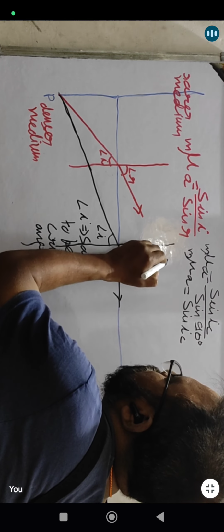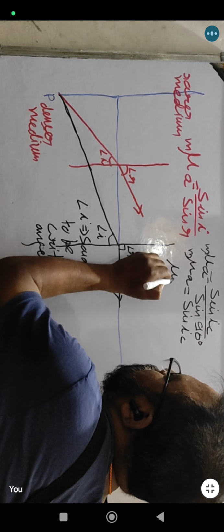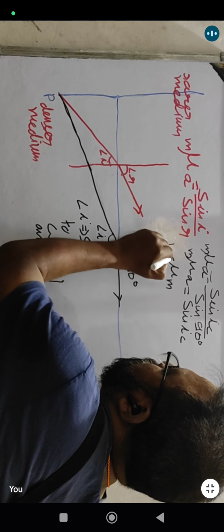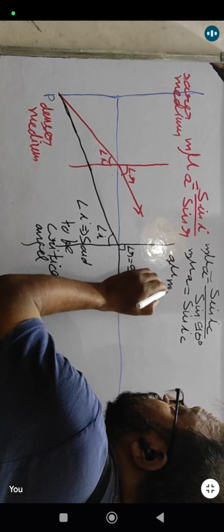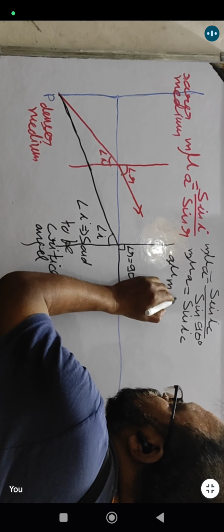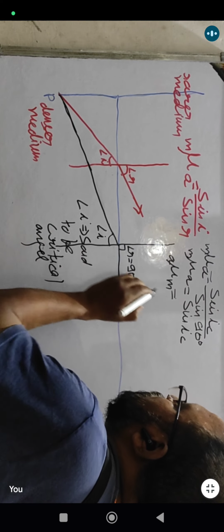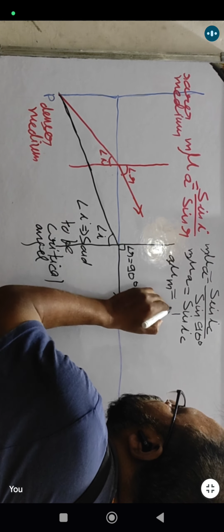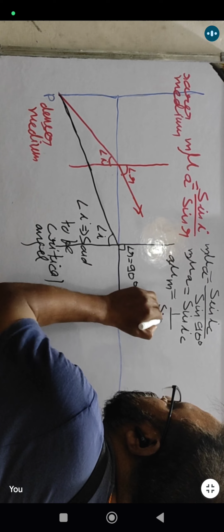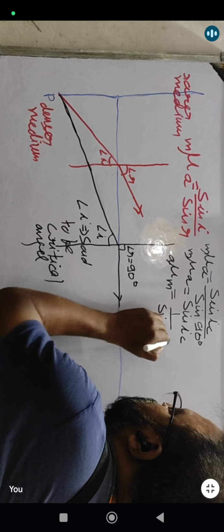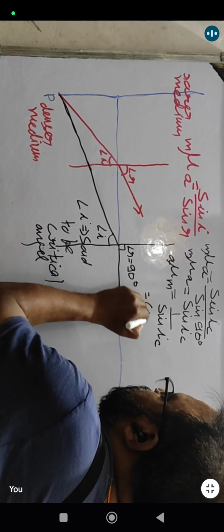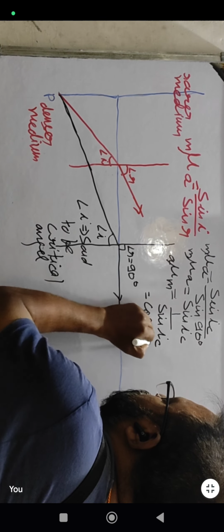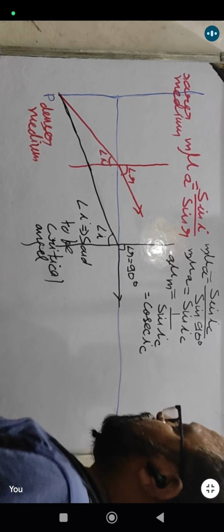By the law of reversibility, the refractive index of the material with reference to air becomes 1 upon sine IC, right? So we can write it as cosec IC.